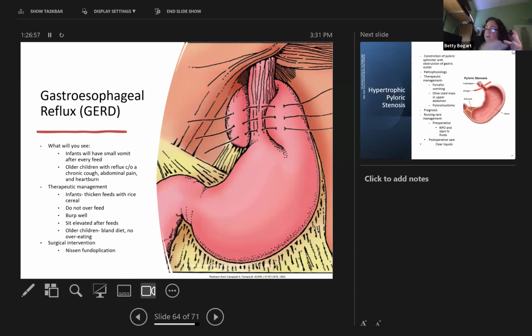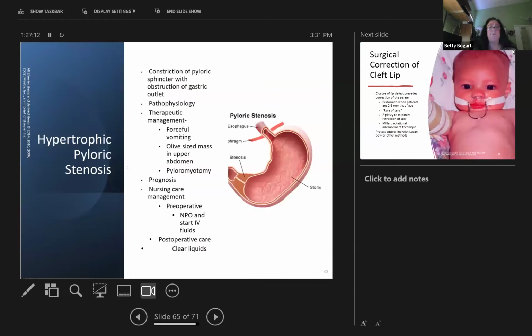It takes the stomach and flaps it over the esophagus so it can't get up the esophagus. So now when we're feeding these children, they can't vomit. And that's what we want. That's a Nissen fundoplication.